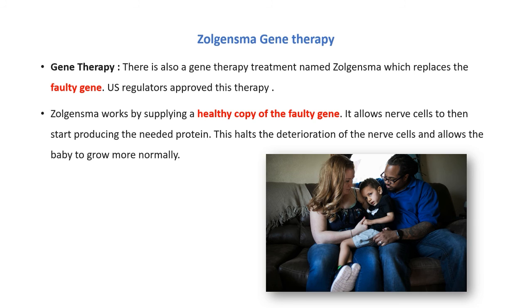The faulty gene responsible for spinal muscular atrophy will be eliminated, and a new, healthy copy of the gene will be introduced in the body of the baby or child to rectify this disease. It allows the nerve cells to start producing the needed protein. This protein activates the nerve cells to send signals from the brain to act on the muscles. So this is what the news is all about.